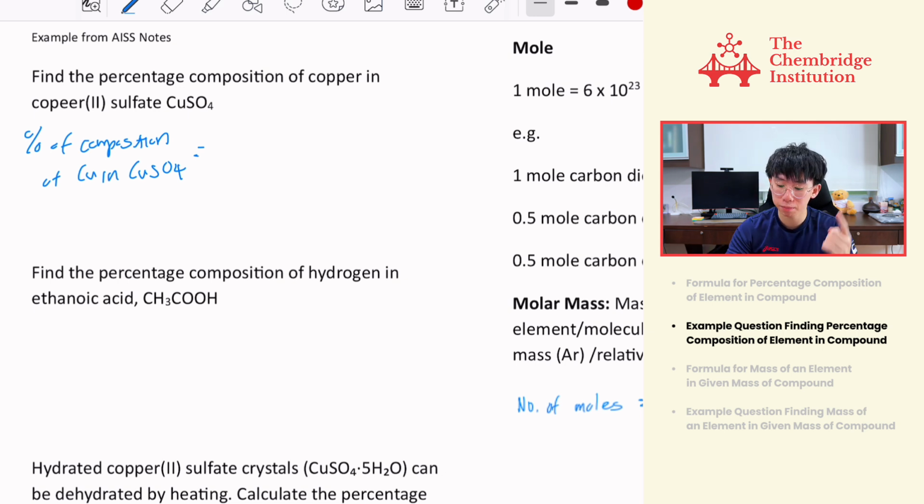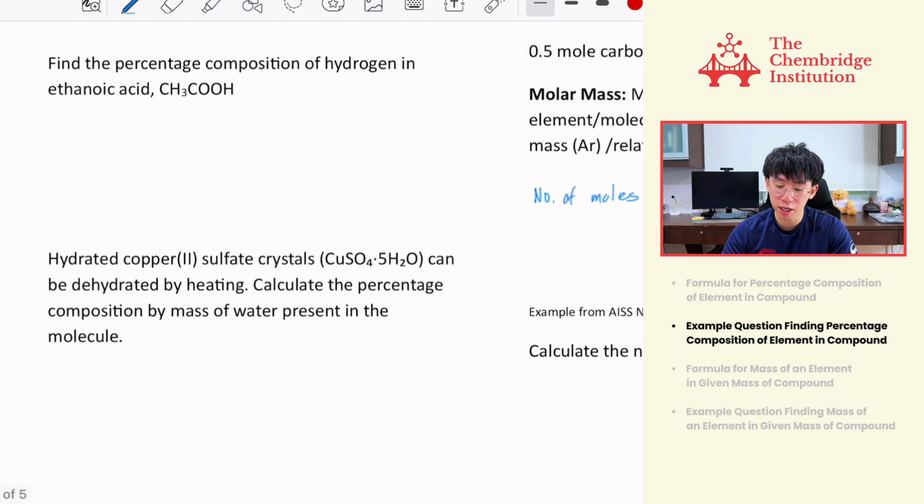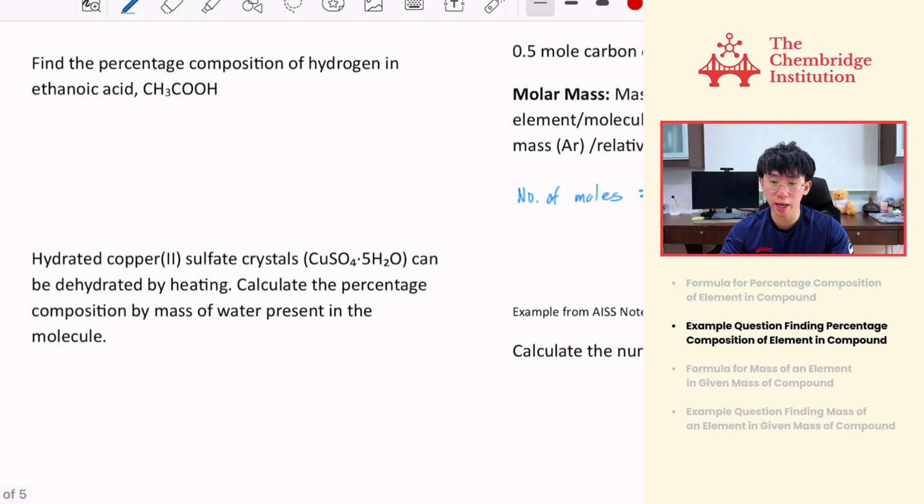There's only one copper, so it's just 1 times 64, divided by the total mass of the compound, which is the relative molecular mass, which is just 64 plus 32 because it's 1 sulfur, plus 16 times 4 because there's 4 oxygens. Then you times 100%. If you do that, you'll get overall 40.0%, converted to 3SF.